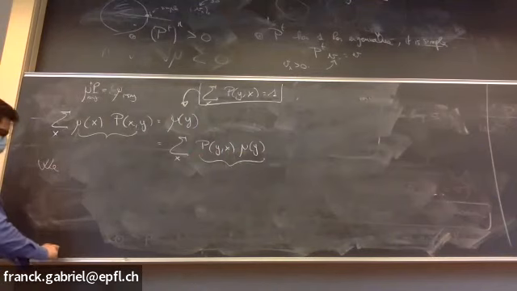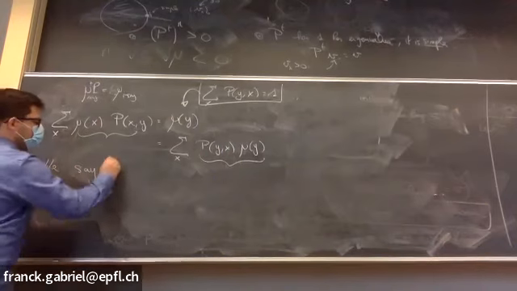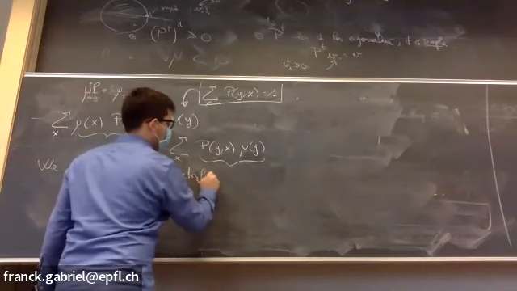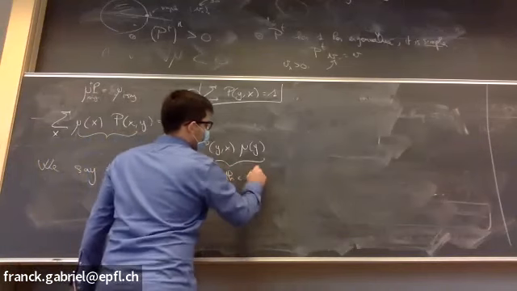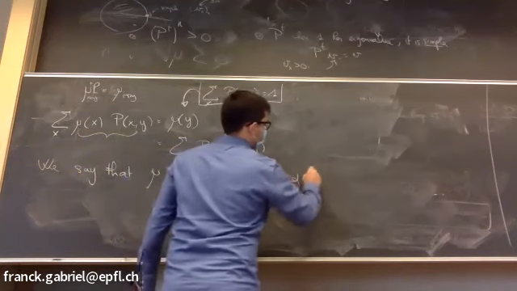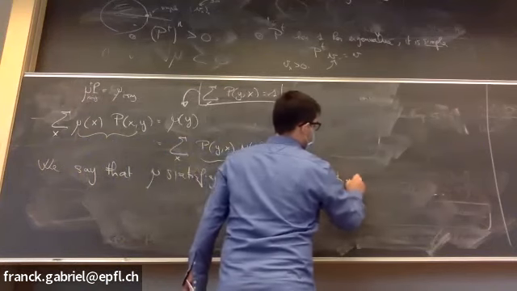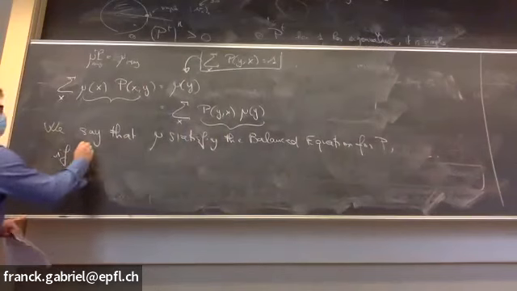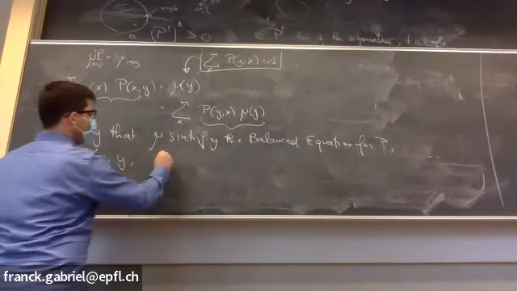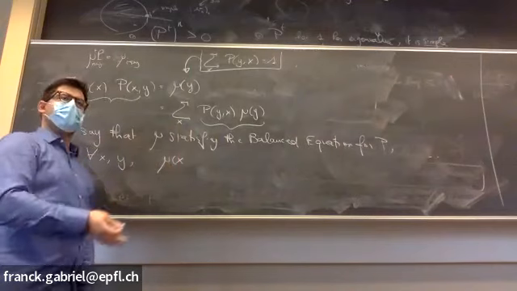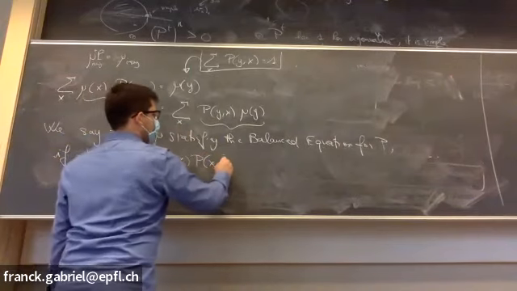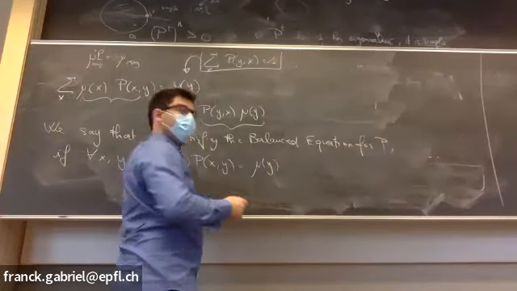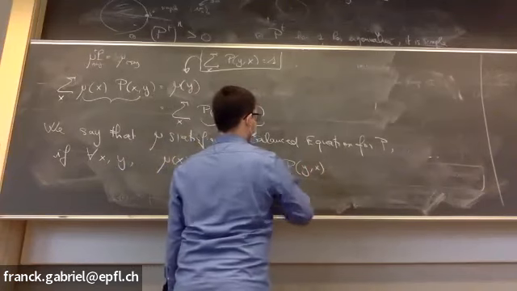So we say that μ satisfies the balance equation for P if, for any x and y, the weight that I'm at x times the probability that I go from x to y is the same as if I begin at y and go from y to x.